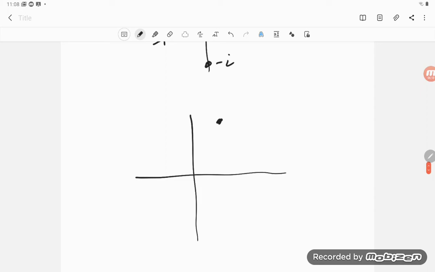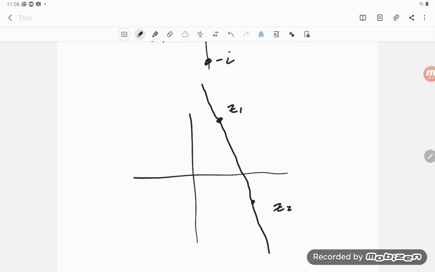So, here's a point, and that is made from a particular, say, Z1. And here's another point made from some Z2. And if you wanted to talk about the line that goes through there, how could you talk about that?